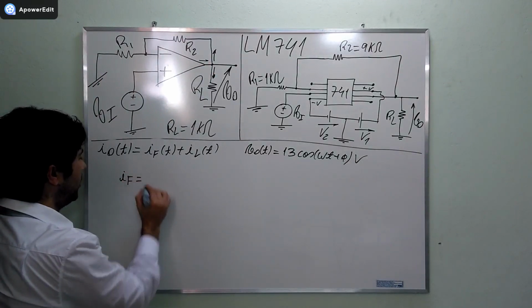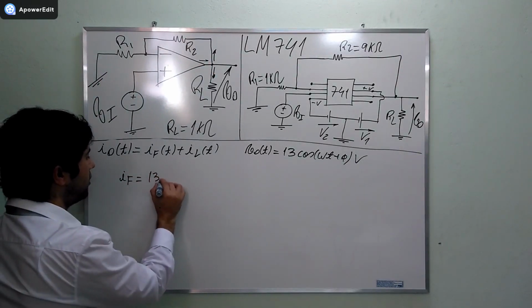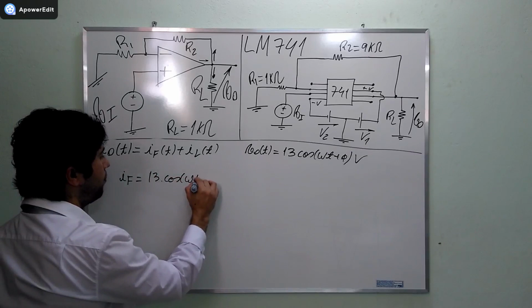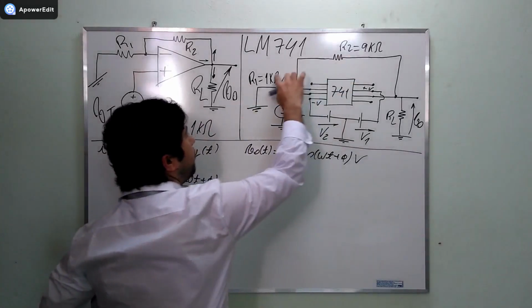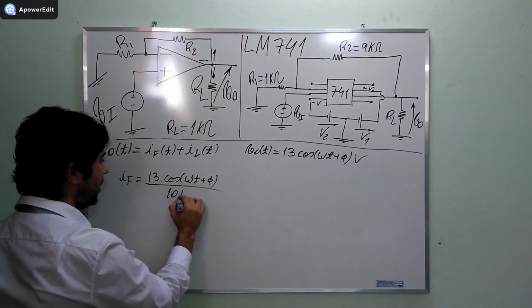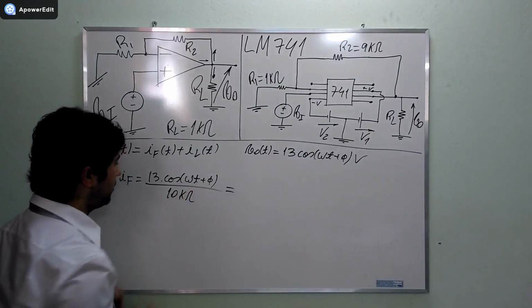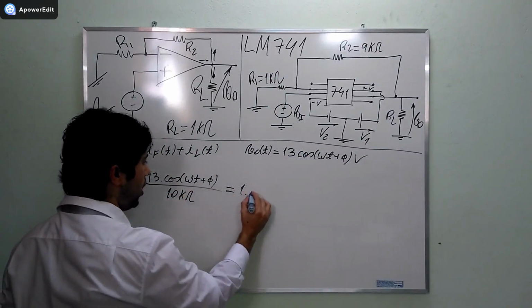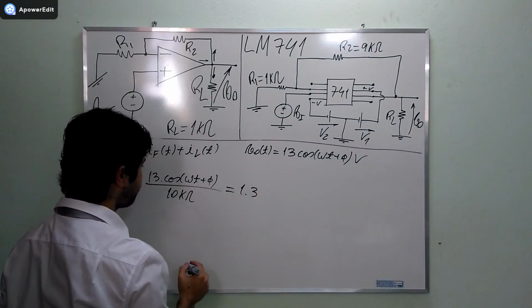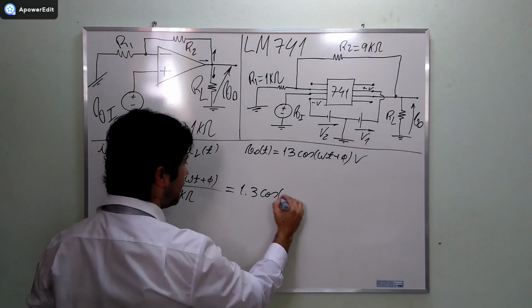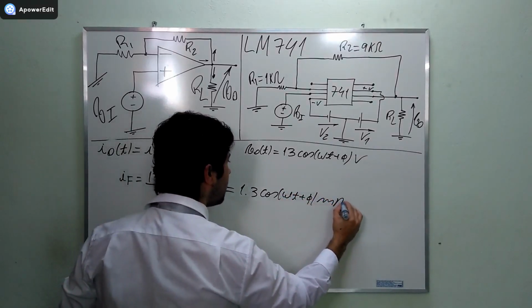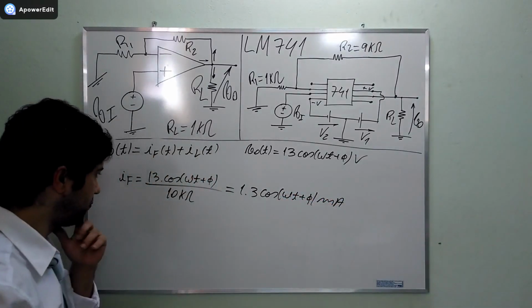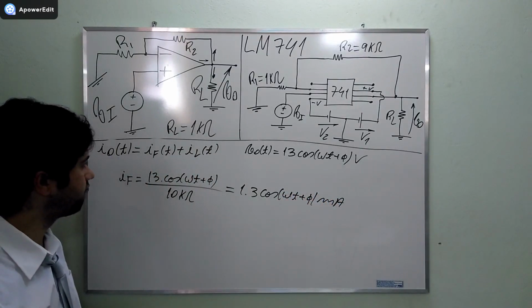IF is going to be equal to 13 times the cosine Wt plus phi divided by 9 plus 110 kilo ohms. And this is going to be 1.3 cosine Wt plus phi milliamperes.